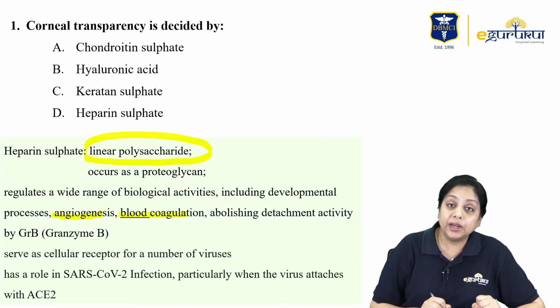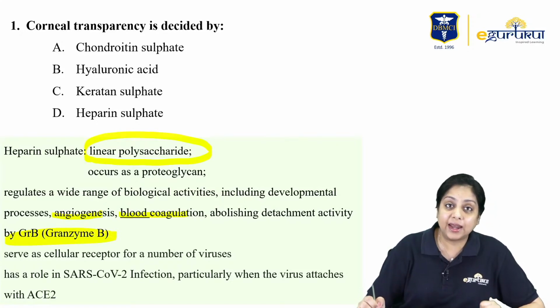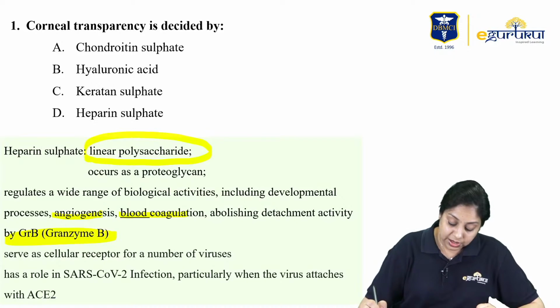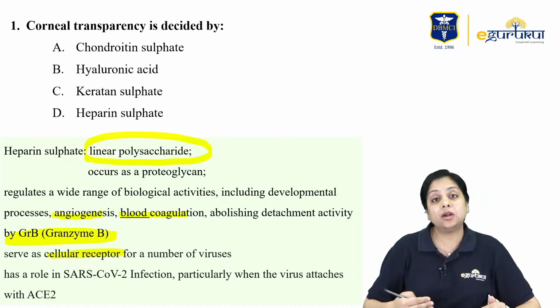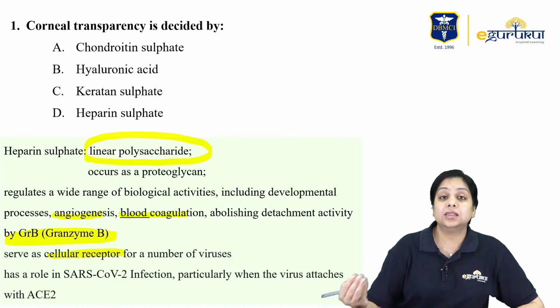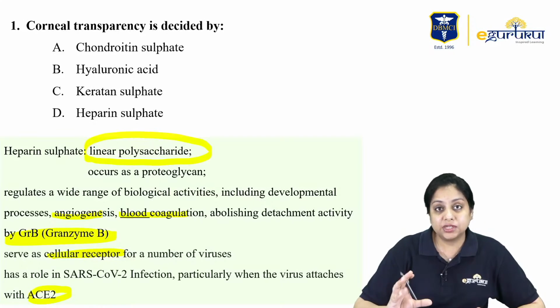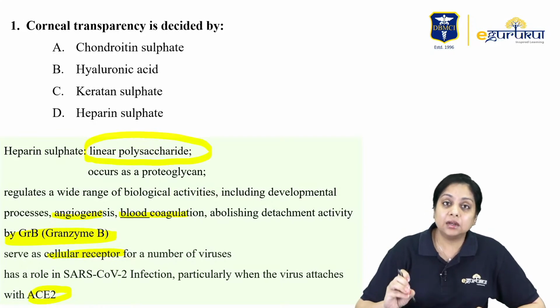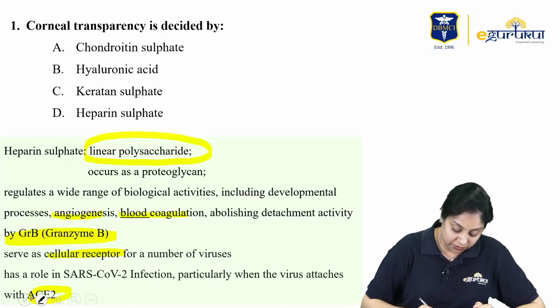It is also related to granzyme B, just remember this, right? And it acts as a cellular receptor also. It is a part of the SARS-CoV-2 virus story: when the virus attaches to the ACE2 receptor, it plays a role over there also. So that is the link to the SARS-CoV-2 virus.